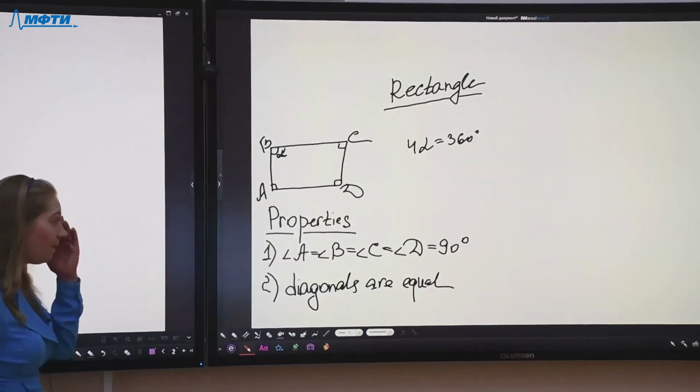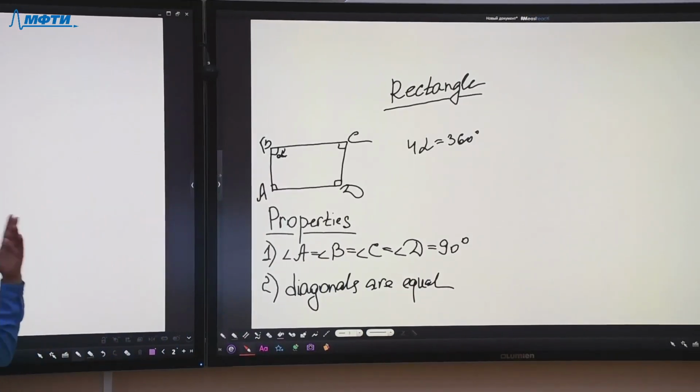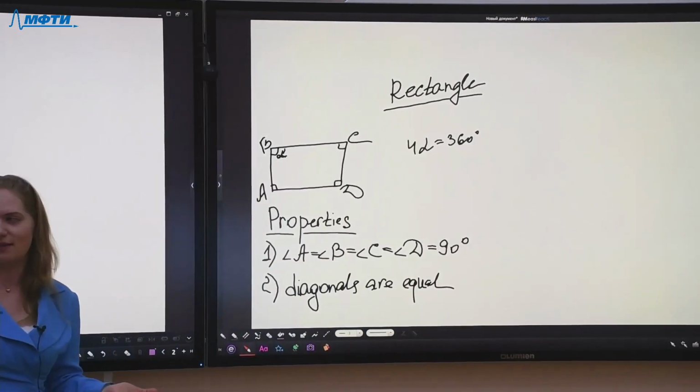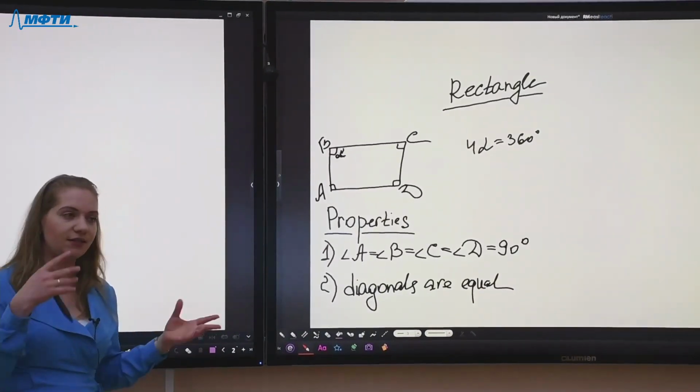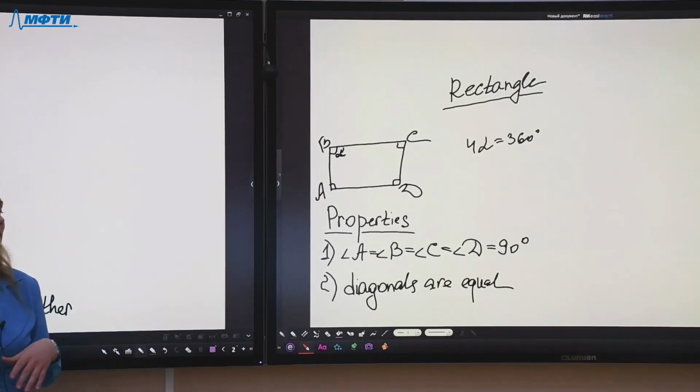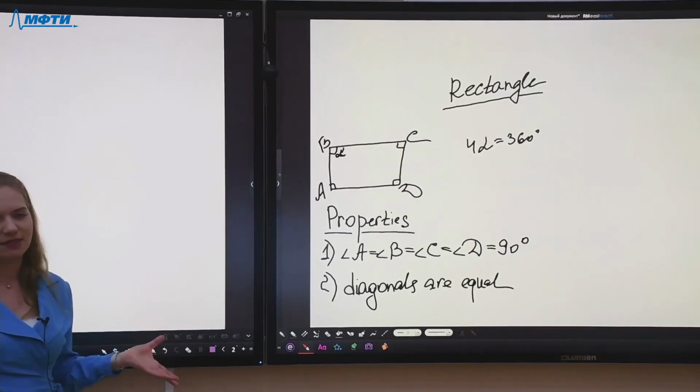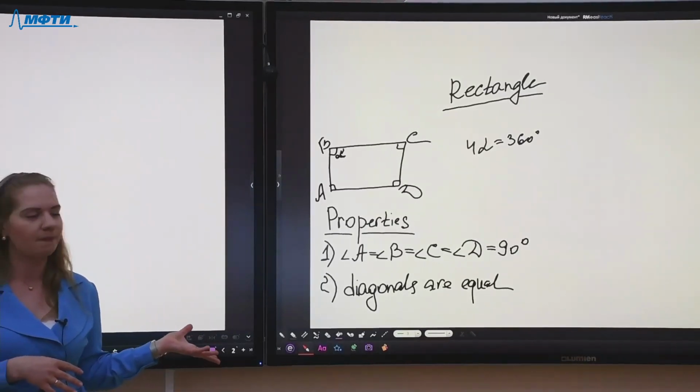So if a parallelogram has congruent diagonals, we can say that this parallelogram is a rectangle. And don't forget that a rectangle is a parallelogram, so it has all the properties of a parallelogram.